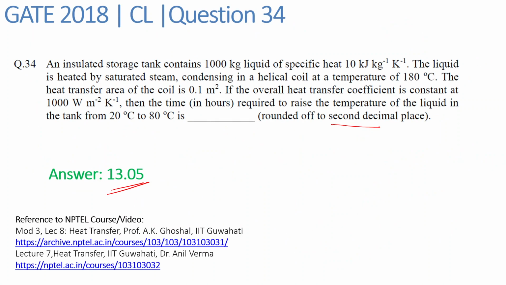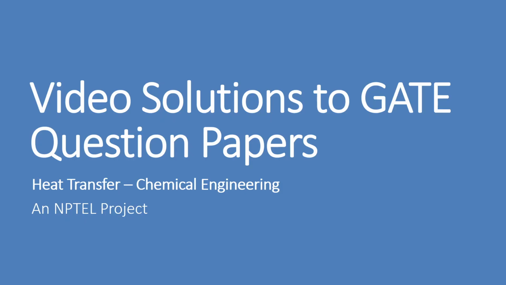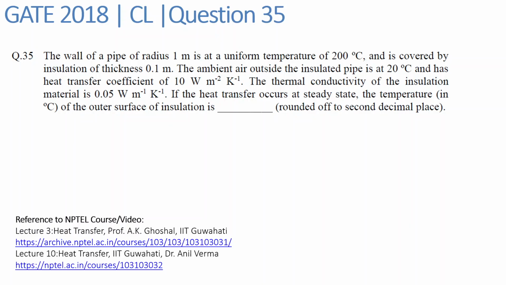Now let's look at another question. This is question 35 from the GATE 2018 chemical engineering paper from the heat transfer subject. Here we have been given the wall of a pipe of radius 1 meter at a uniform temperature of 200 degrees Celsius, covered by insulation of thickness 0.1 meter.